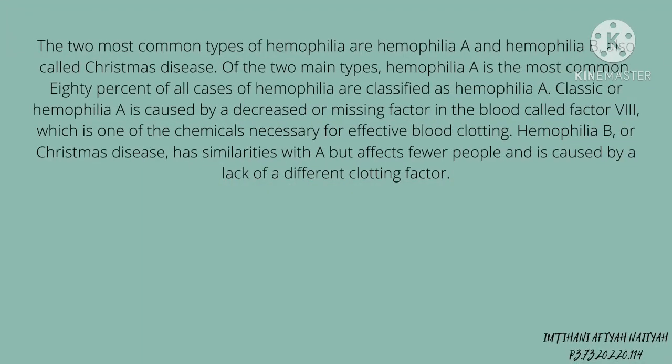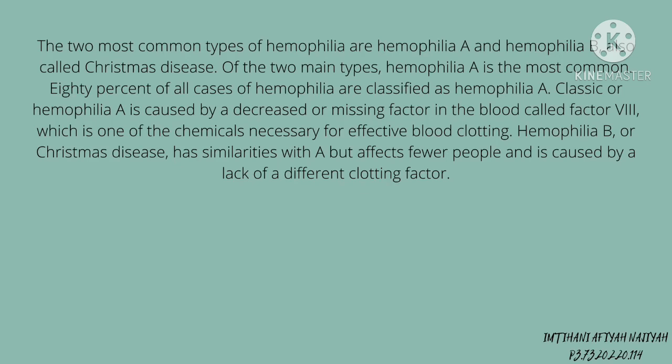The two most common types of hemophilia are hemophilia A and hemophilia B, also called Christmas disease. Of the two main types, hemophilia A is the most common. 80% of all cases of hemophilia are classified as hemophilia A. Classic hemophilia, or hemophilia A, is caused by a decreased or missing factor in the blood called factor VIII, which is one of the chemicals necessary for effective blood clotting.